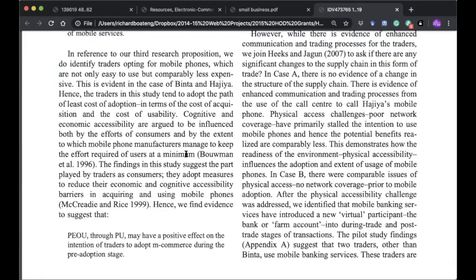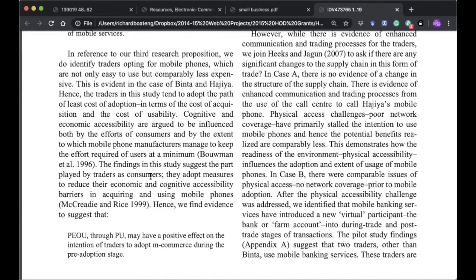So here he actually established a preamble from the literature saying that the cognitive and economic accessibility are argued to be influenced by both the efforts of the consumer and the extent to which the mobile phone manufacturers manage to keep the effort required of users at a minimum. But the findings in this study give us evidence, or suggest, the part played by traders as consumers.